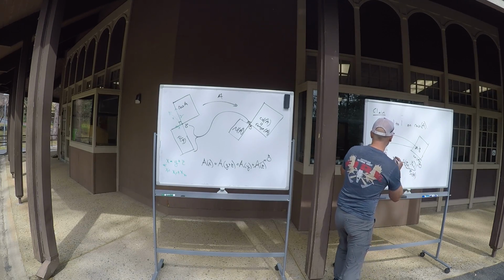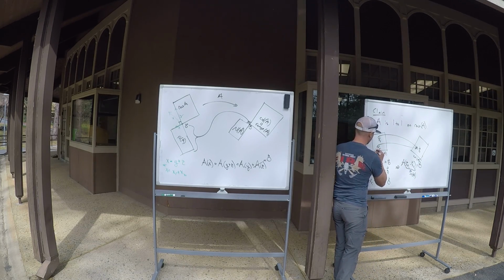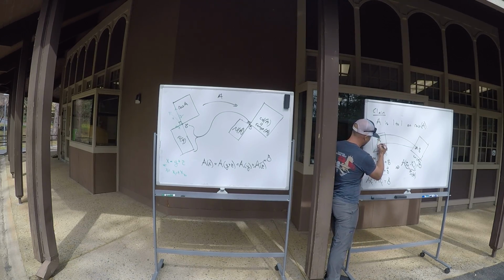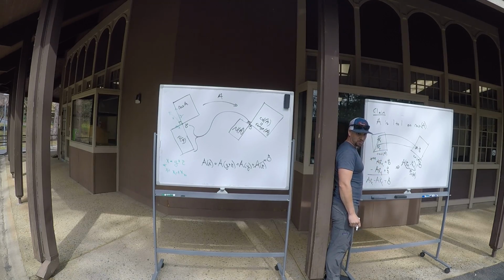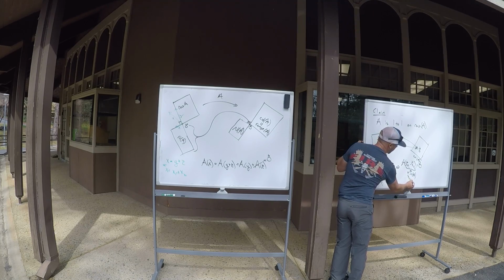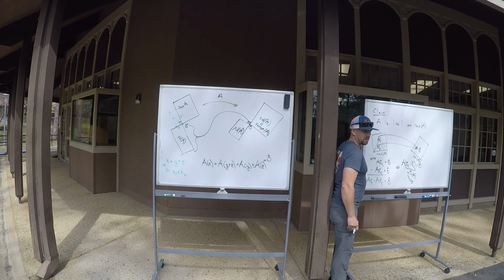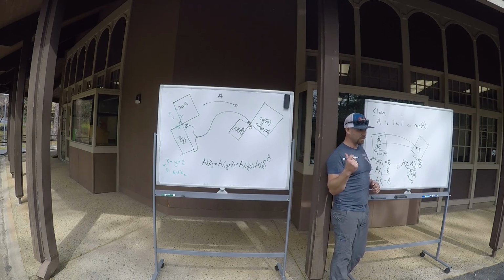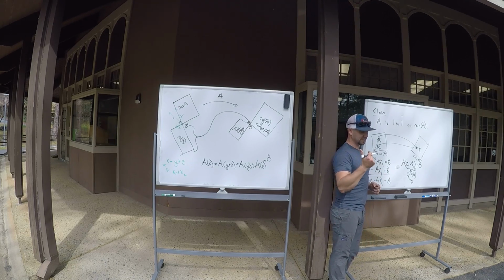If I take this one minus that one, I get this vector, but it's in the row space. So this is a vector that is both in the null space and in the row space. And the only vector in the null space and the row space, because they're perpendicular, is the 0 vector. You guys see that?